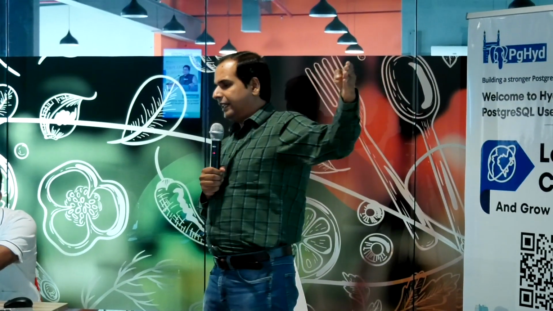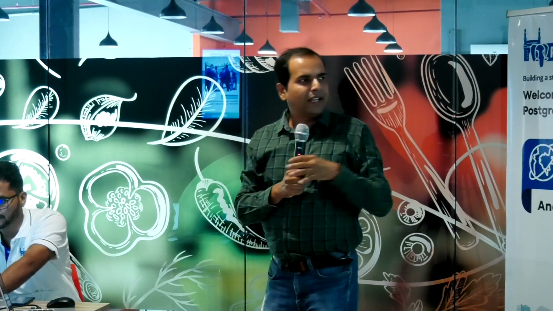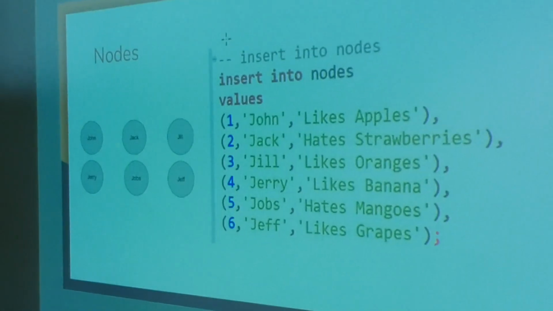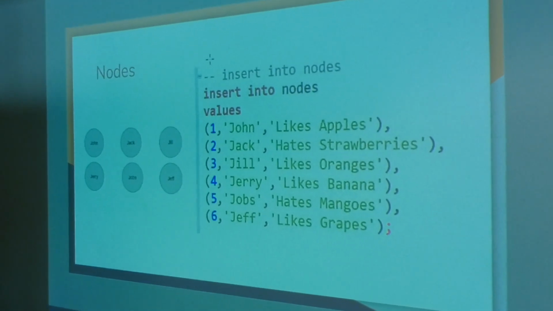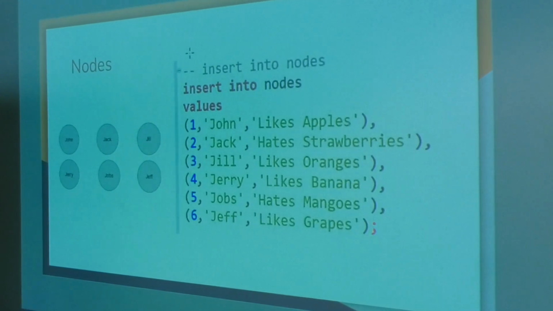Node ID can be an integer or a serial column, node name, and node data. I'll give an example here. After creating that table, you will insert into nodes and you will have values, right? For the sake of simplicity, I have not defined that node ID as a serial column. So you have node ID, node name, and node data.